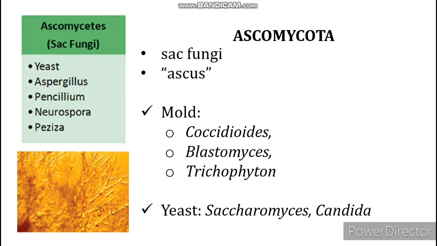First one, you have your Ascomycota. These are your sac fungi, and they have what you call your ascus. Examples of Ascomycota are your Coccidioides, Blastomyces, and your Trichophyton. While for the yeast phase, you have your Saccharomyces and your Candida species.